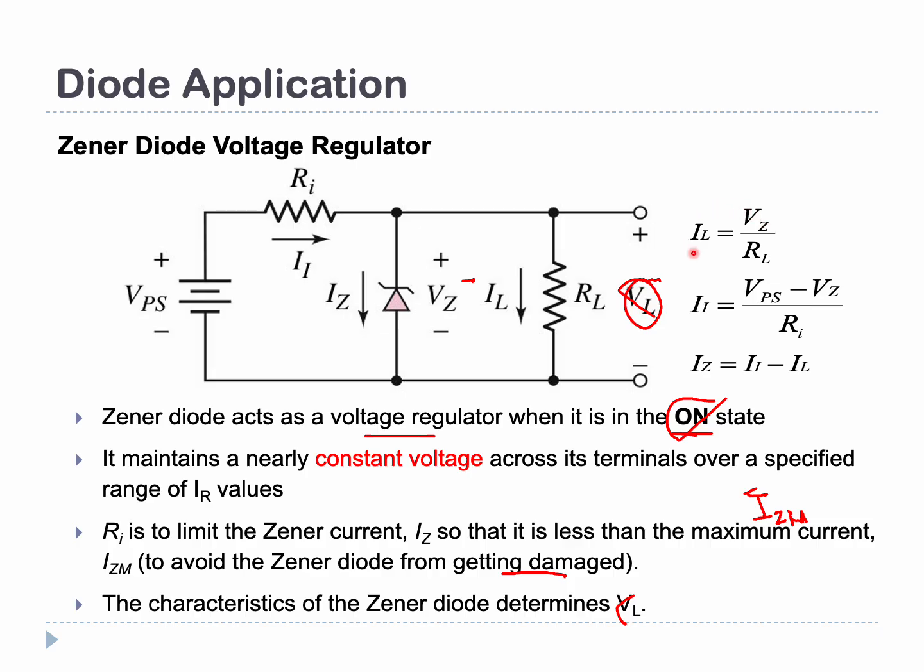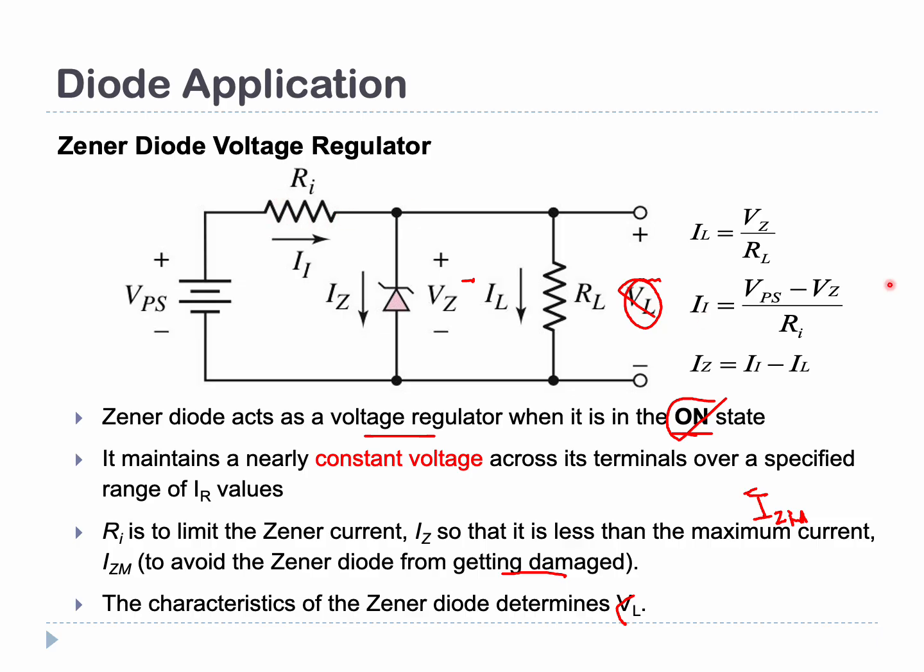This is only true if the Zener diode is turned on. If it is on, we know the voltage across the load resistor is the same as the Zener voltage.